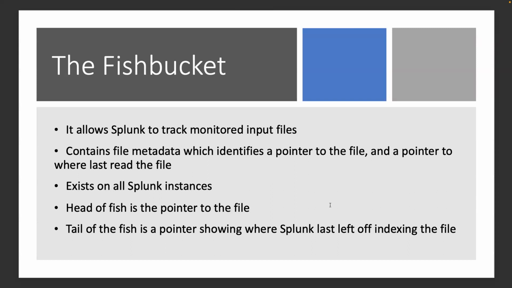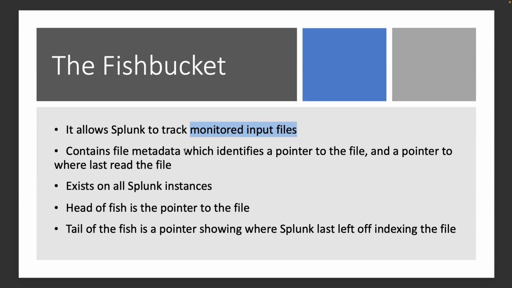So it would remember the next time it comes to look at that file again, that this is where I'm going to resume. I'm not going to start over again. So it allows Splunk to track monitored input files, right?